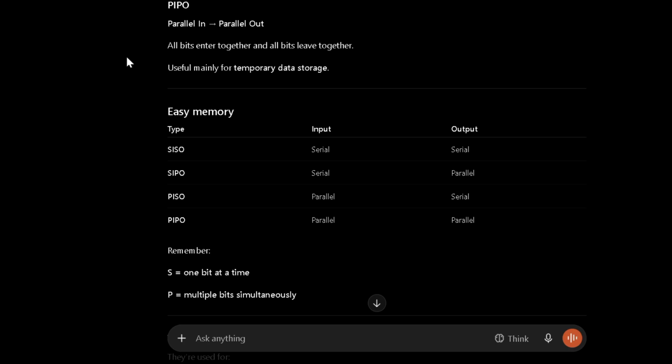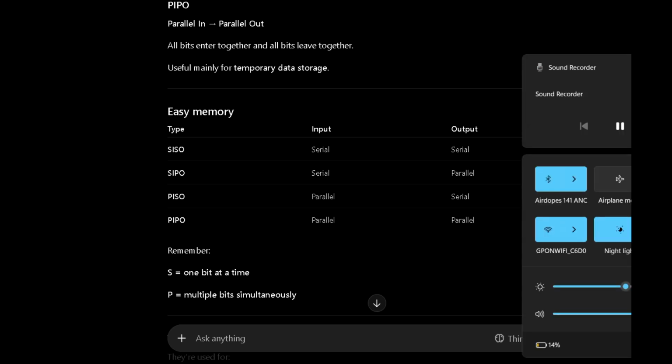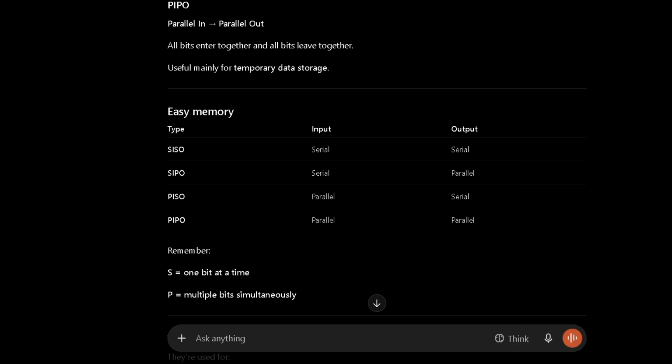If you send 4 bits, one bit enters at a time, then the next, and the next. After several clock pulses, you can read all the bits simultaneously.